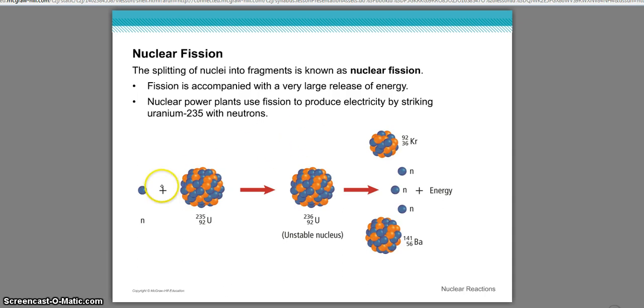So as you can see here, a neutron strikes a uranium atom. It makes it even more unstable than it already is, and then the uranium splits into 2 new isotopes, 3 neutrons, and a whole bunch of energy. Now, what happens to these products?